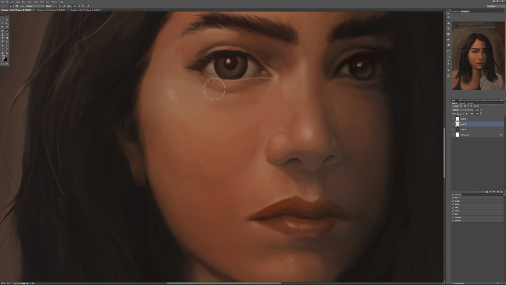And so look for these areas where these lines are happening and find places to break them up. Let them get lost somewhere in the middle or along an edge. Find a place where they can maybe get a little lost, not all the way.